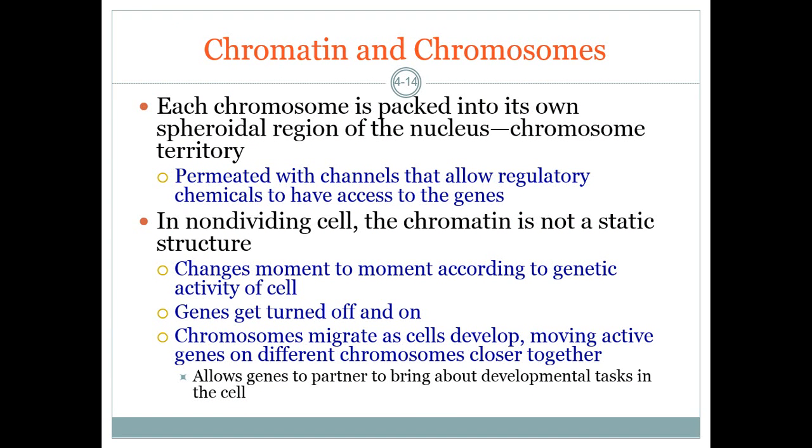Now, when a cell is preparing to divide, it copies its entire nuclear DNA. Each chromosome is made up of 2 sister chromatids. Then they coil even further. Now, these chromatids are visible in the light microscope. In early cell division, a chromosome is compacted to its greatest extent.